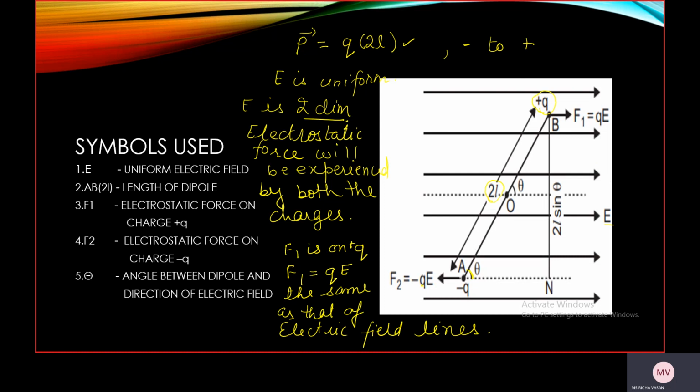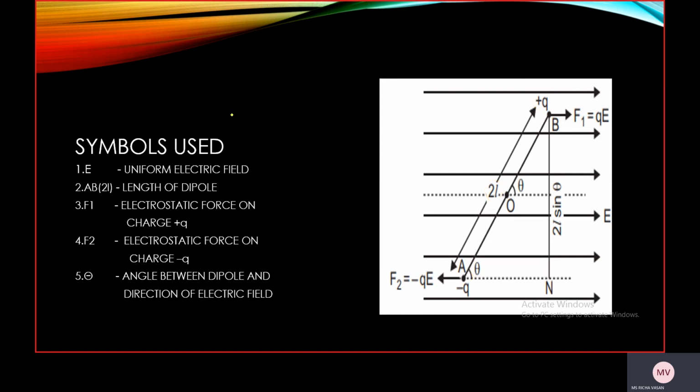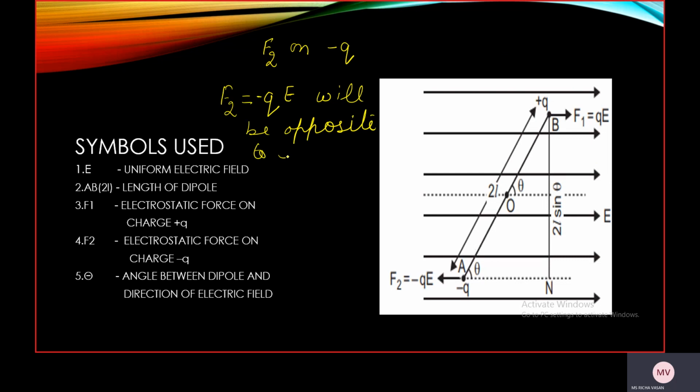So if F2 is the electrostatic force on the minus Q charge, then F2 is again equal to the product of the charge and the electric field intensity, and its direction will be opposite to that of electric field E.